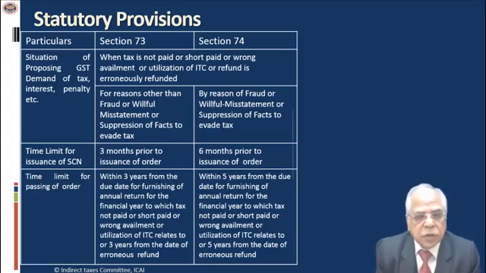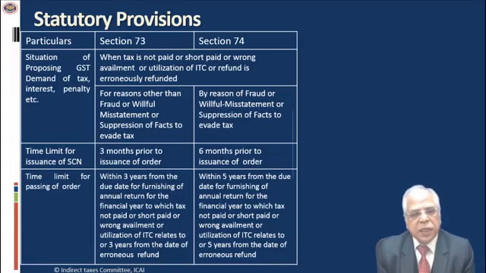Now the question comes: when can this show cause notice be issued? If you know the existing pre-GST era, then under service tax, excise and customs, there was a time limit for issuance of a show cause notice, but there was no time limit for adjudicating those show cause notices.